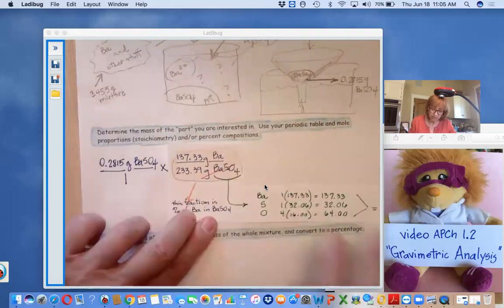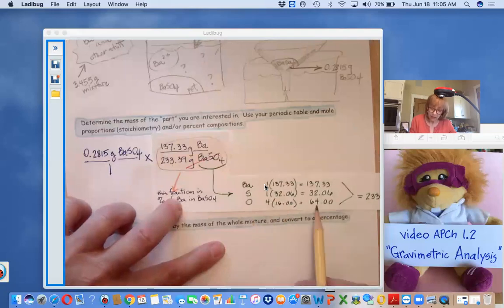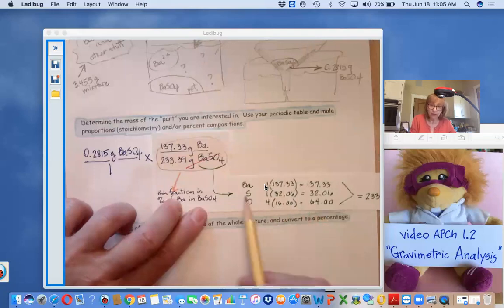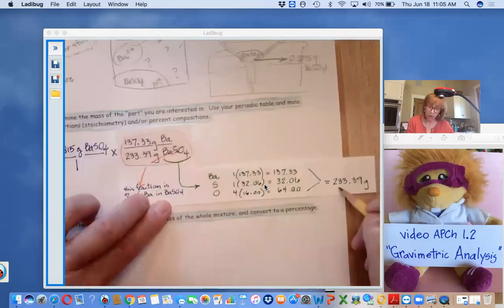Periodic table tells me that I have 1 barium and 1 sulfur and 4 oxygens in a single molecule of barium sulfate, or put another way, the mass of a mole of barium sulfate, 233.39 grams.